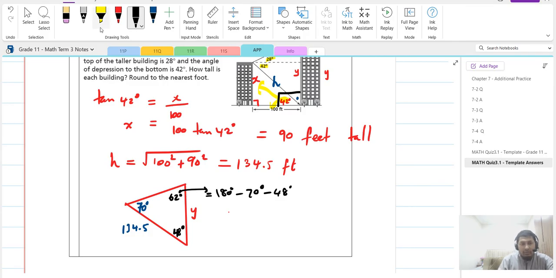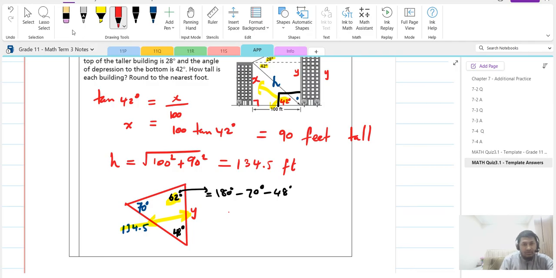Now remember, we have so much information. Actually we can use the sine rule to find the value for y, because we have angle, side, angle. Initially we had angle side angle, so that's the reason why we found the third angle. So anyways, we need to say sine of 134.5 over y.